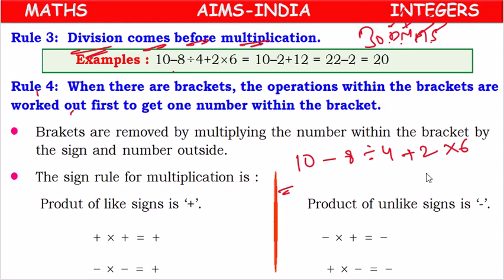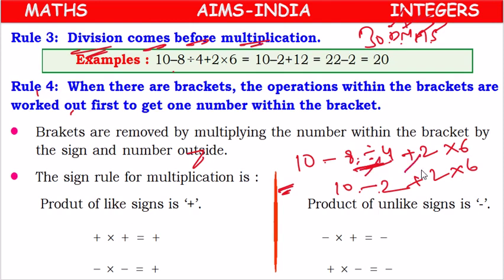By seeing all these mathematical operations, we should not get confused. Division first: 8 divided by 4, 2 will come. So this we will simplify first. Minus will be minus only. Next, plus 2 into 6.